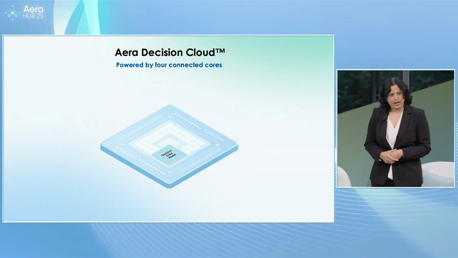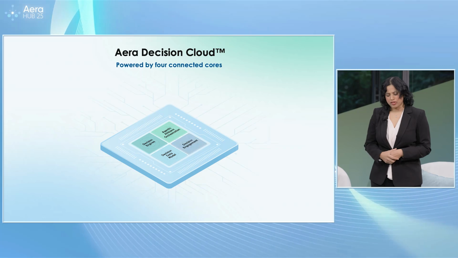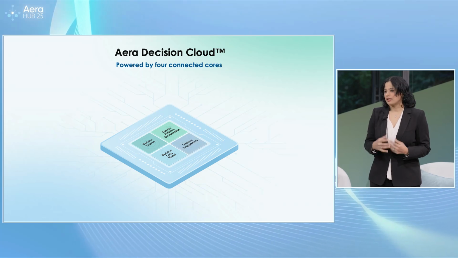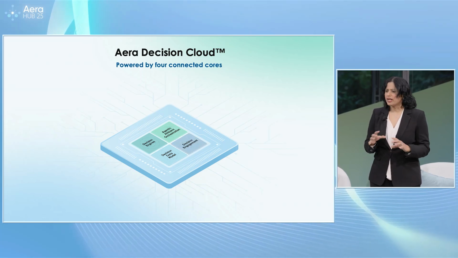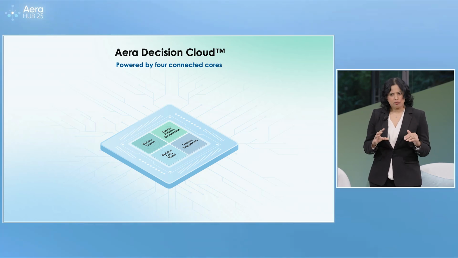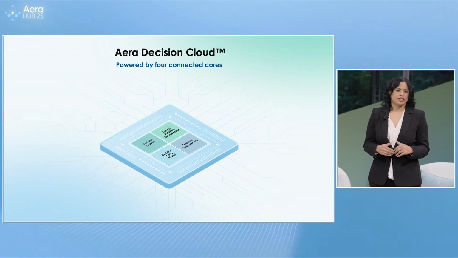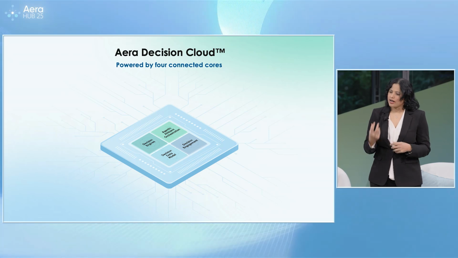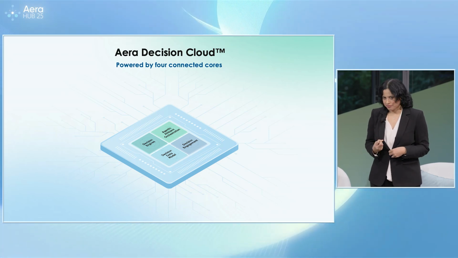So there are essentially 4 foundational pillars in Aera Decision Cloud. I'm going to unpack that and do a quick recap. The first one is the Aera Decision Data Model. It's really the backbone of the platform. Aera Decision Model essentially unifies your enterprise data into a connected, decision-ready structure.